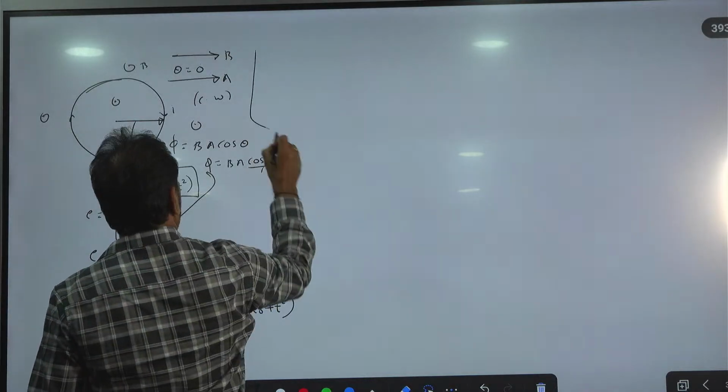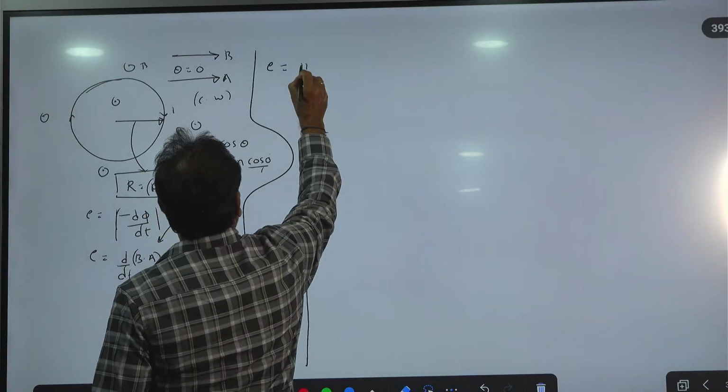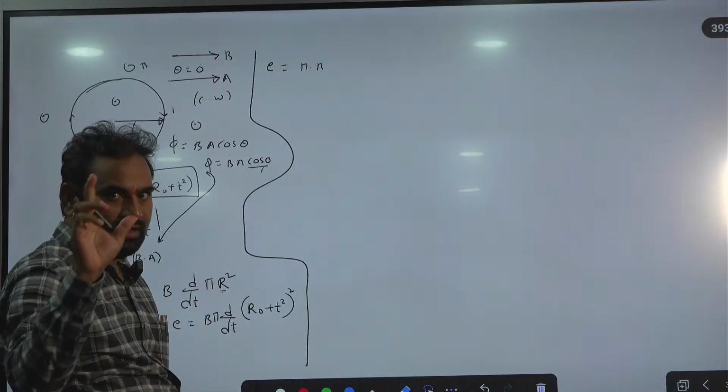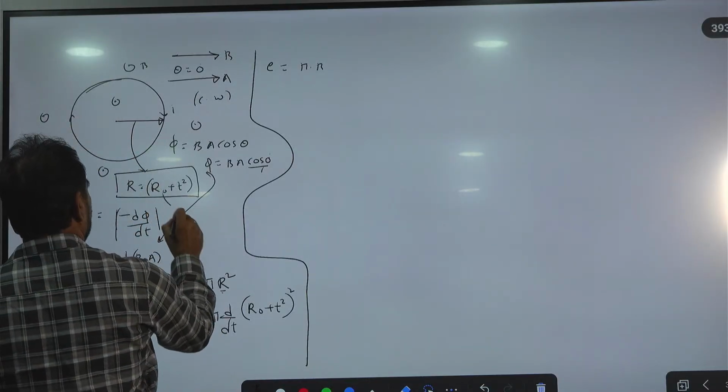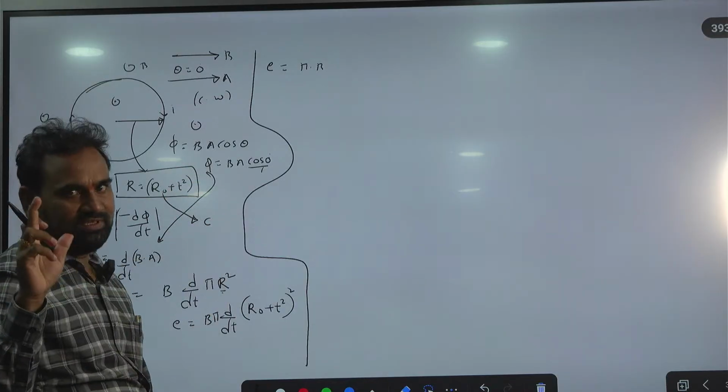So from this, what I am writing, see here, E is equal to πB d by dt of (r₀ + t²)², r₀ is a constant here, it does not change, only t² changes with respect to time.